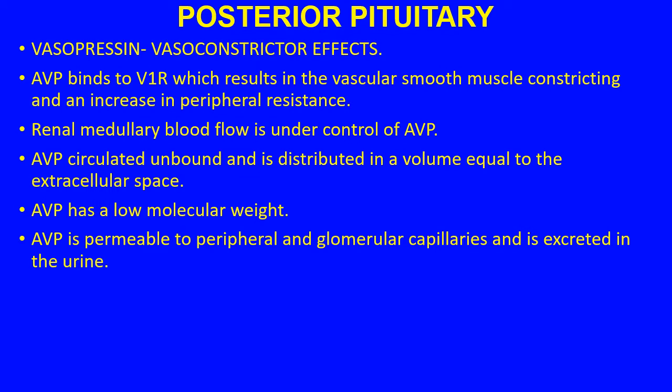Now, vasopressin, vasoconstrictive effects. So we've talked about the water reabsorption. Let's talk about the vasoconstrictor effects next. AVP binds to V1R. This is going to result in the vascular smooth muscle constricting.